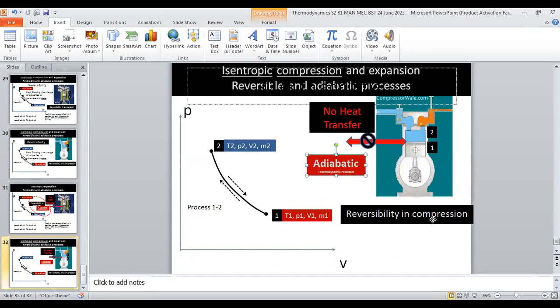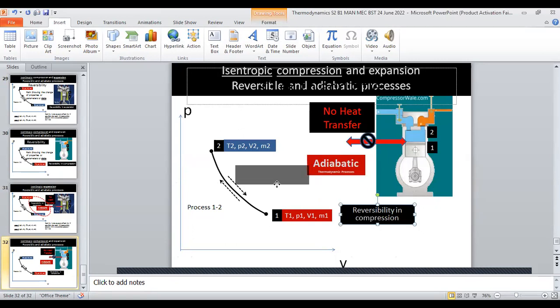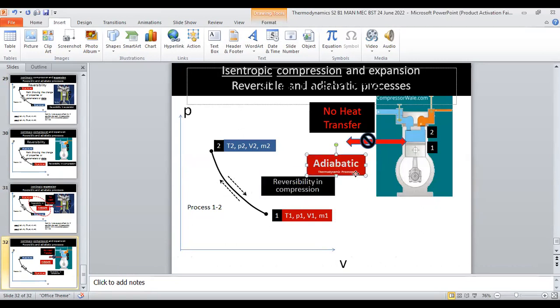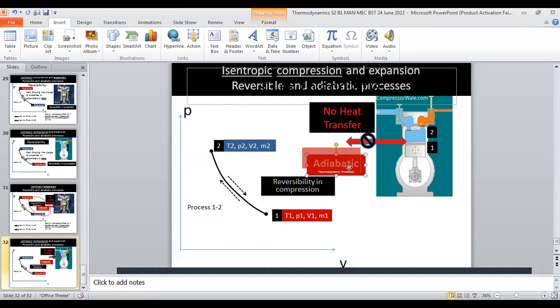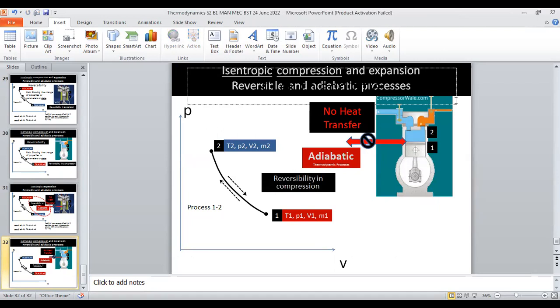And you have the reversibility in compression. Plus the adiabatic together make this isentropic compression. Okay.